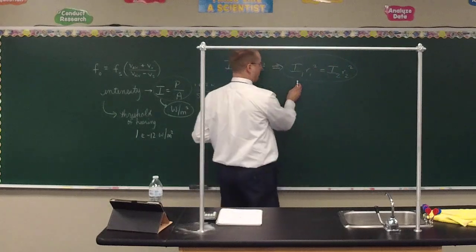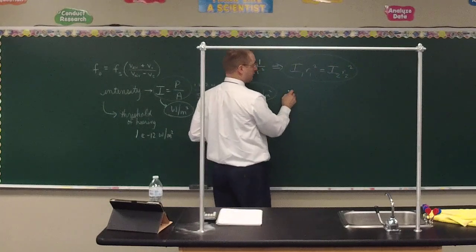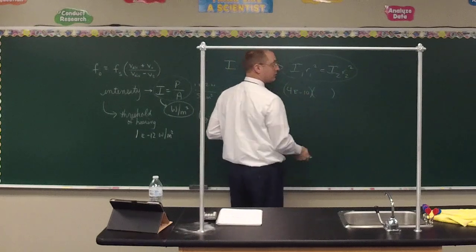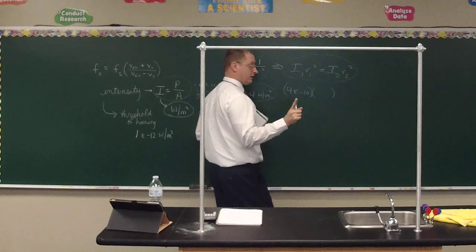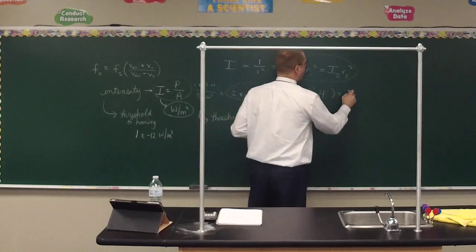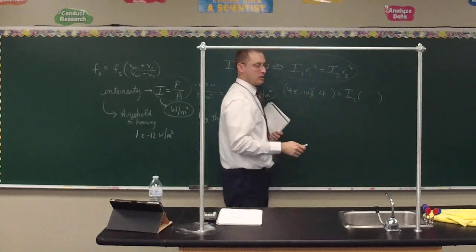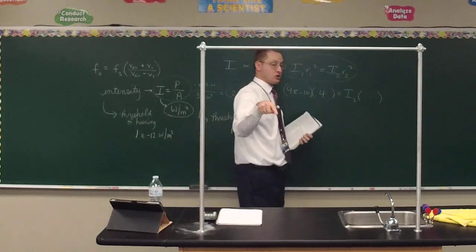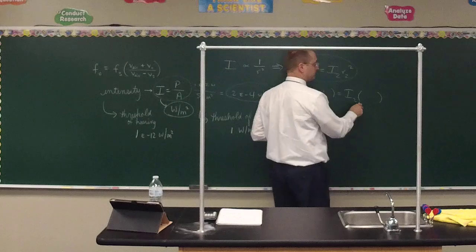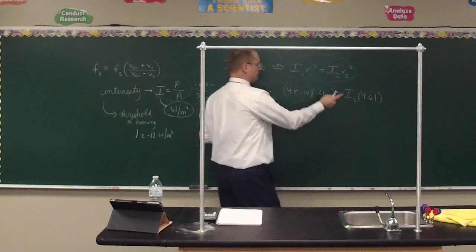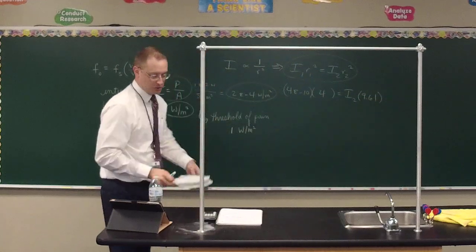So we take the first intensity given, the 4e negative 10, and that was at a distance of 2 meters, but we have to square it. 4, and we're going to find the intensity at, what was the distance? 3.1 meters, but we have to square that on the calculator. 9.61. All right, so we'll divide out the 9.61.